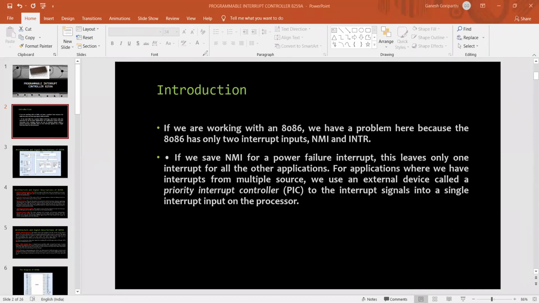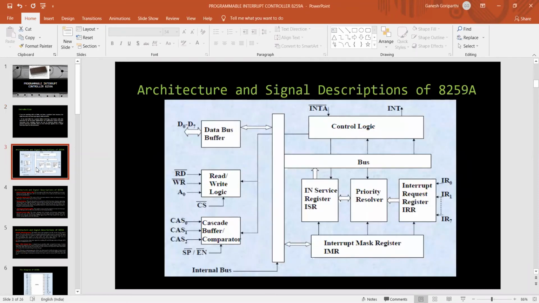So let us now look into the architecture here. After understanding the importance and the necessity of 8259, let us now look into the architecture. The diagram shown on the screen presents the architecture.